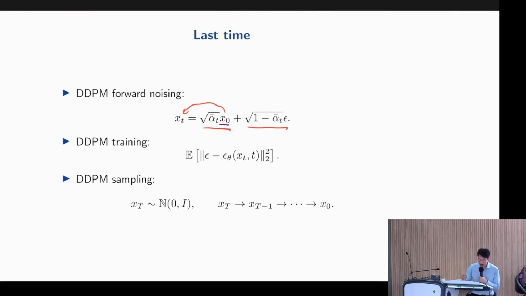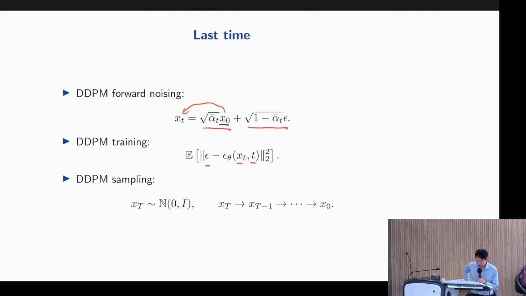And for training, we train a neural network that takes as input t-step noise image, time step t, and as the output, it tries to predict the one-step added noise on top of xt. So in order to go from xt to xt minus 1, it tries to predict the one-step noise that it has to predict to make it cleaner one step.